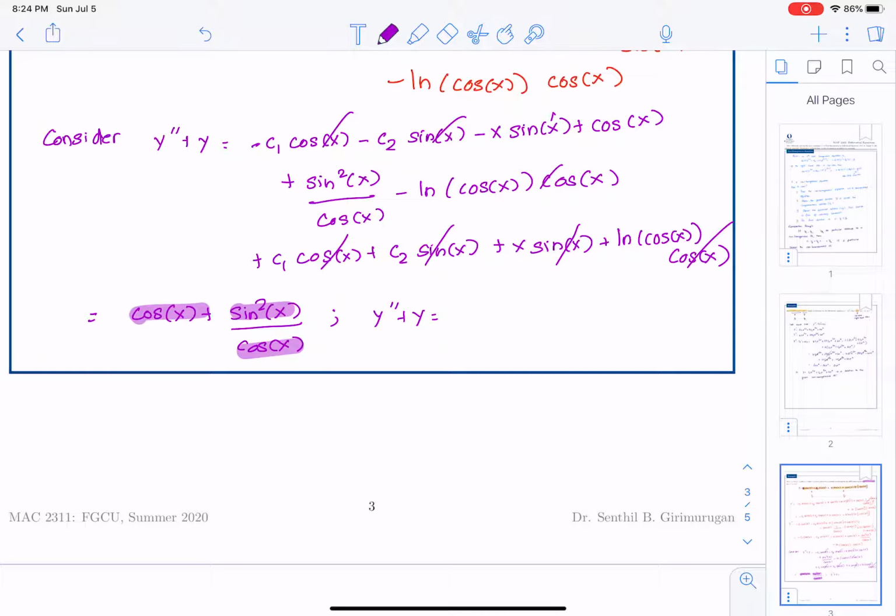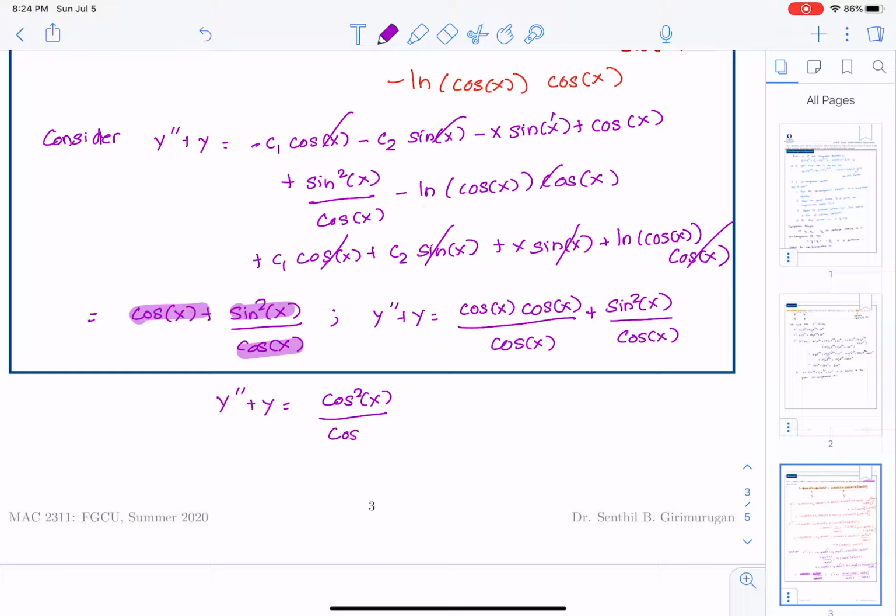I'm going to get a common denominator, so cosine x multiplied by cosine x divided by cosine x plus sine squared x divided by cosine x. y double prime plus y would equal cosine squared x over cosine x plus sine squared x divided by cosine x. We have a common denominator.